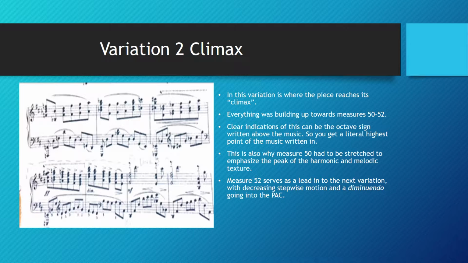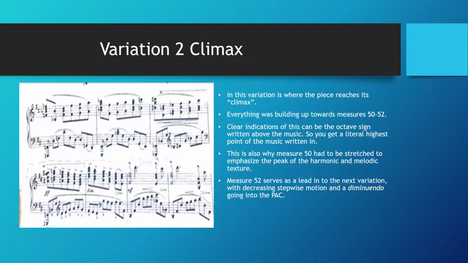So I feel that in this variation number two, this is where everything reaches its climax, at least in this piece. It feels like everything is building up towards measure 50 and beyond. A clear indication of that is that three measures before, you're at pianissimo, and then it just starts crescendoing up.